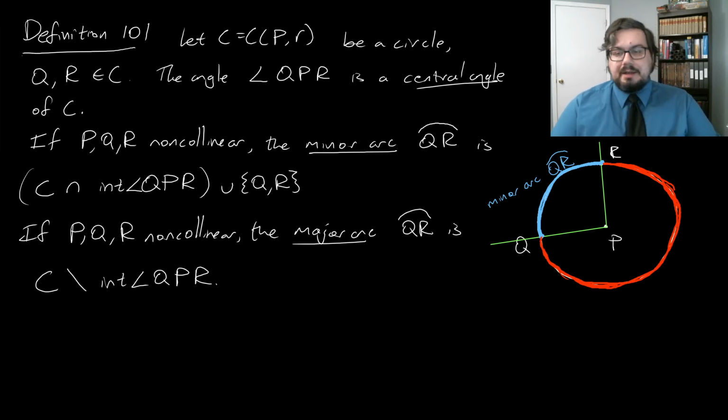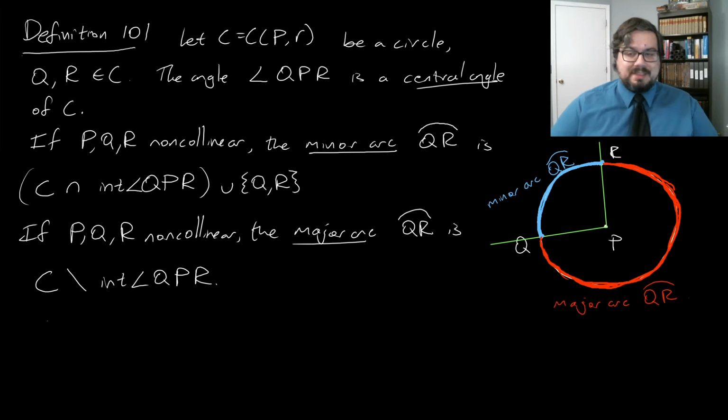Now, this is the major arc QR. Now you'll notice that we're using the same notation here for the minor arc and the major arc, and it's difficult to find really good notation for this.